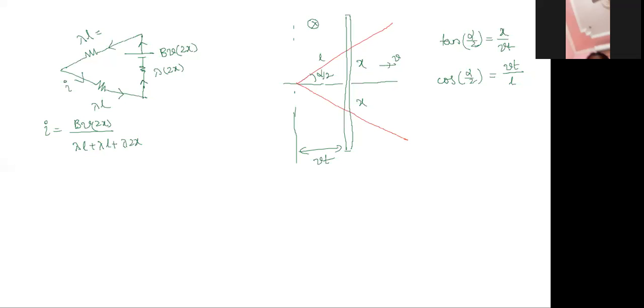Now write the free body diagram for the rod. DL cross B will be like this. This is FB. F was already there, so F minus FB is equal to mass into acceleration. Get V as a function of displacement.